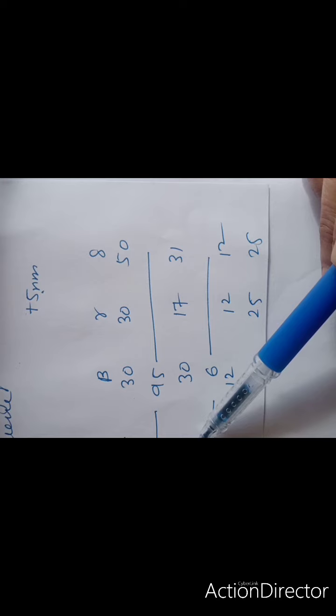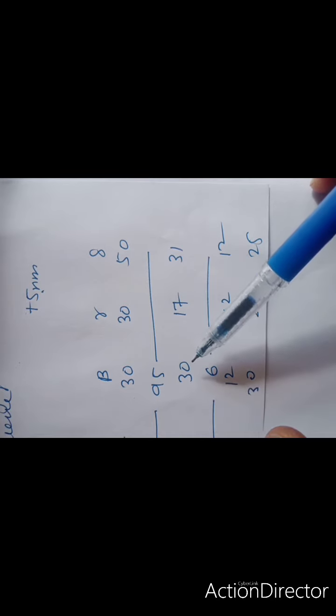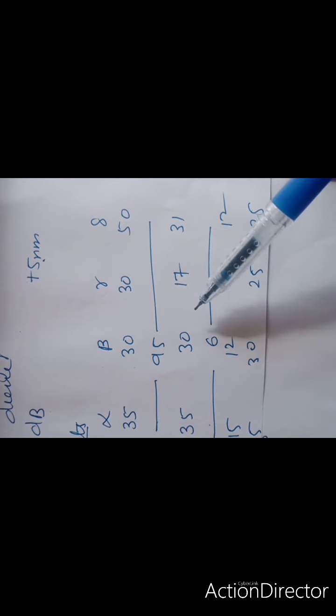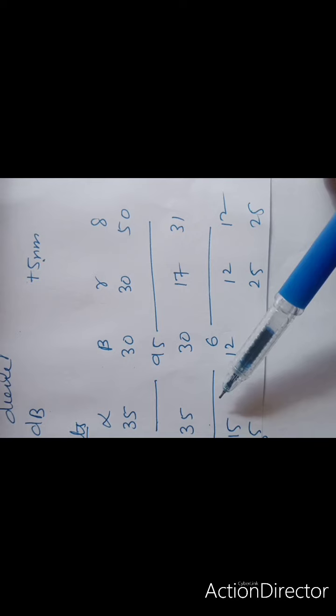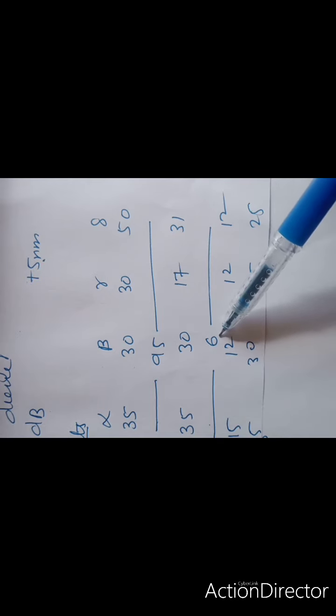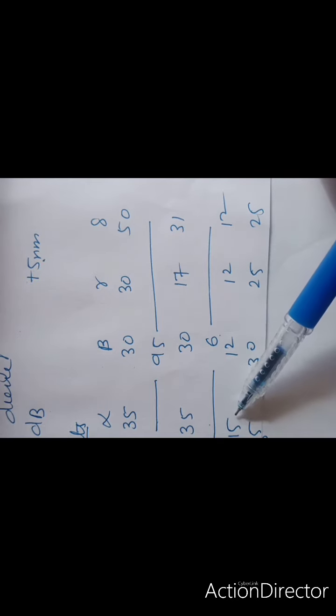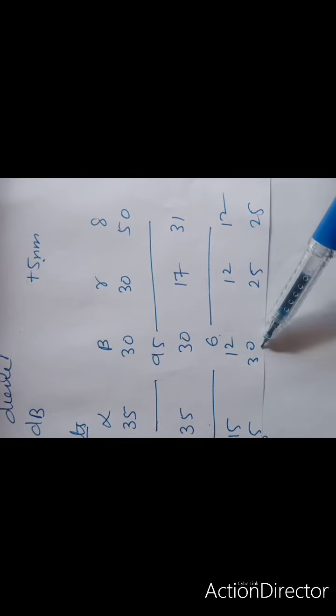For alkoxy group it will be 35 for alpha position. For beta it is 30, gamma 17, delta 31. For OCOCH3 it is 6, for chlorides it is 15, 12, 12, 12, and for bromides it is 25, 30, 25, 25.